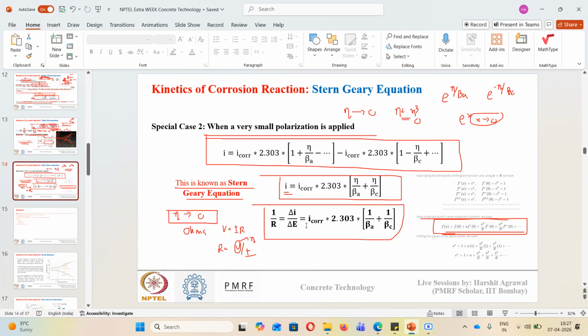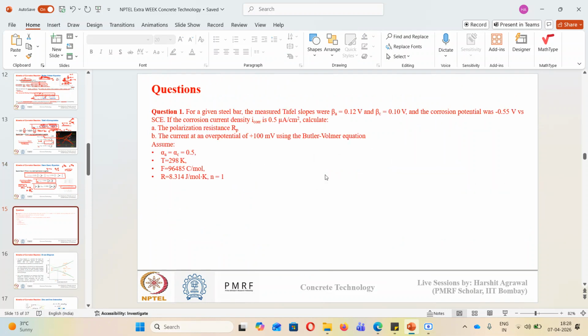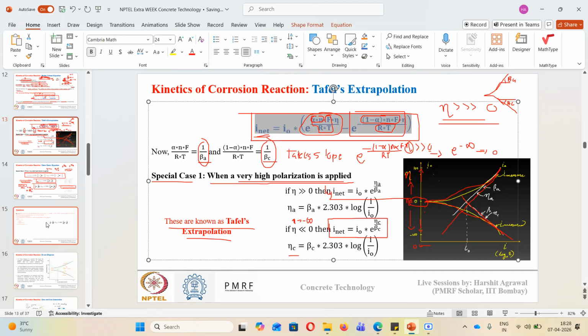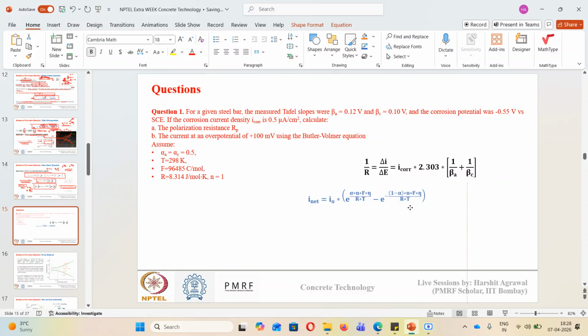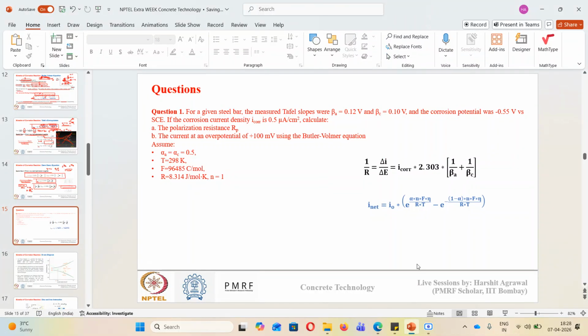So I will paste both the relationships for you so that you can do the calculation. For polarization resistance, we have this relationship, and for the Butler-Volmer equation, this is the relationship. Just give it a try. If you have any doubt regarding any part of the kinetics that we have discussed, you can ask.